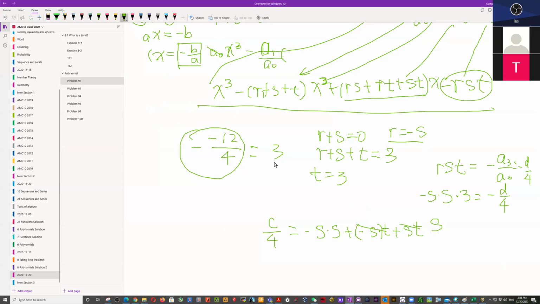So basically, C divided by 4 equals negative S squared.